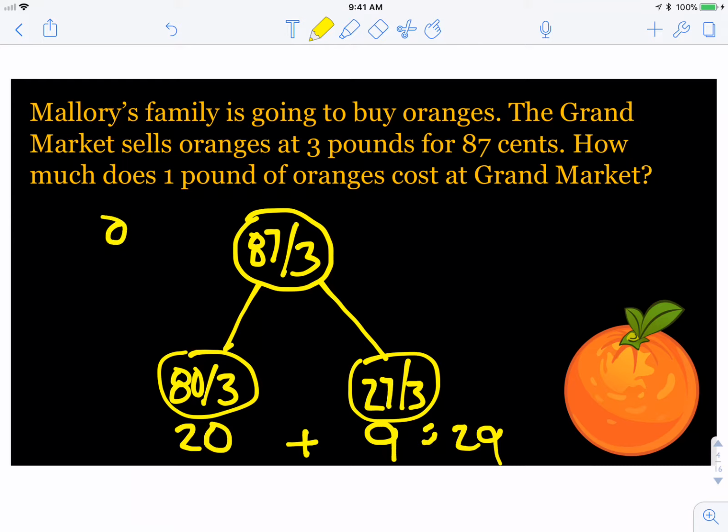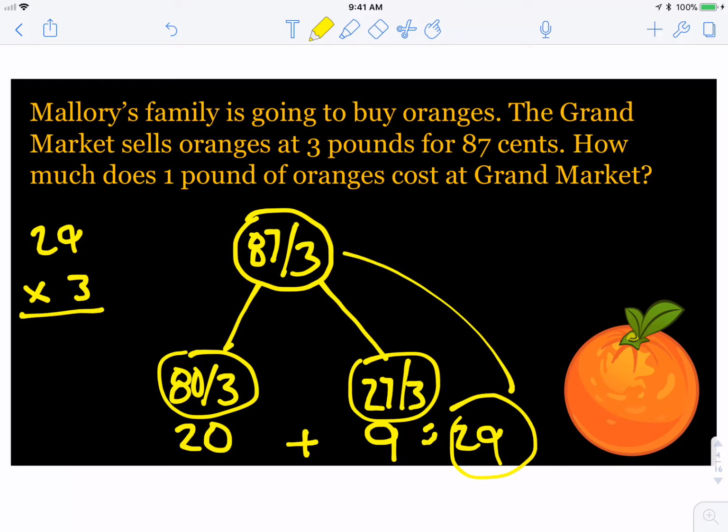So 87, let's put it over here, 87 times 3. What am I doing 87 times 3? 29 times 3, because we're going to take our quotient times our divisor. 3 times 9 is 27. 3 times 2 is 6, plus 2 is 8.